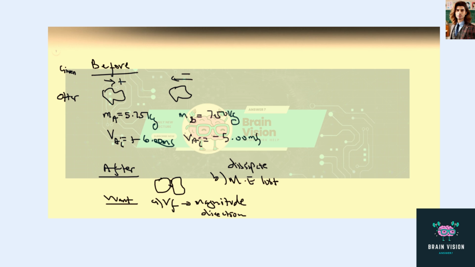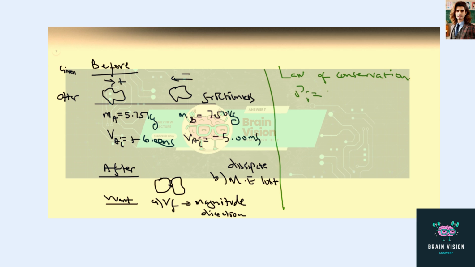In this case, we have a frictionless surface, so we'll use the law of conservation of momentum to show that the initial momentum equals the final momentum. That will help us isolate the final velocity. When they collide with each other, they end up having a common velocity as part of the final momentum.